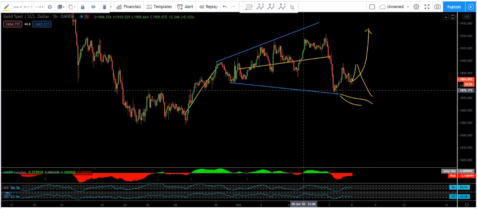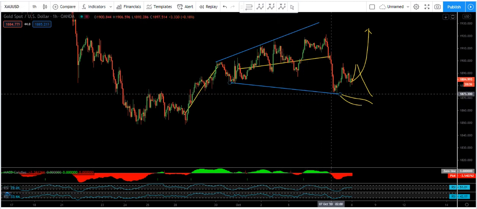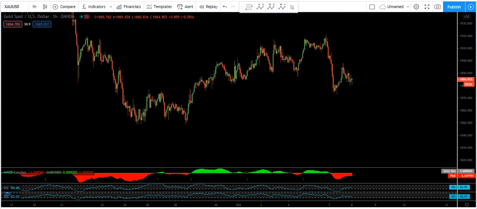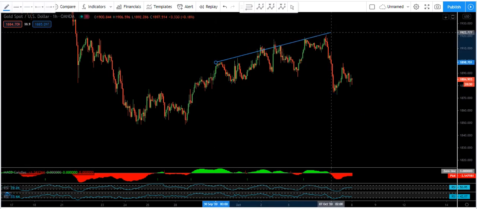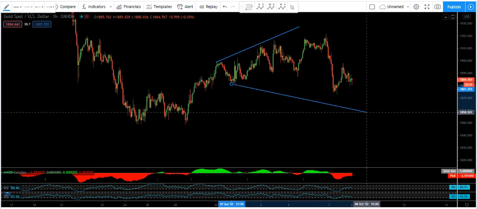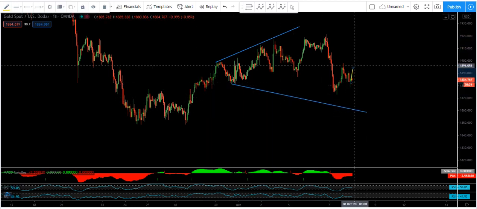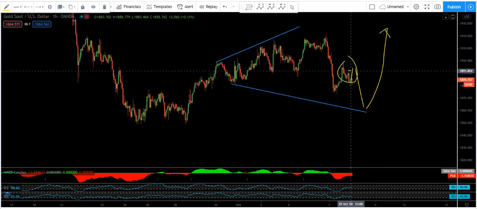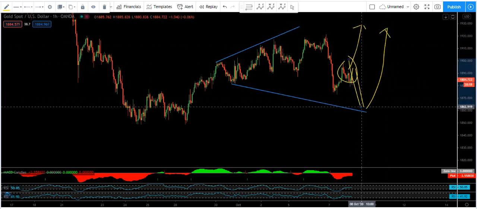Sorry, let me draw it again. It becomes something like this. This means we get this, then move. Whether from here the price can move up or drop can move.